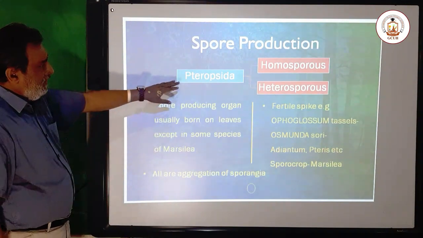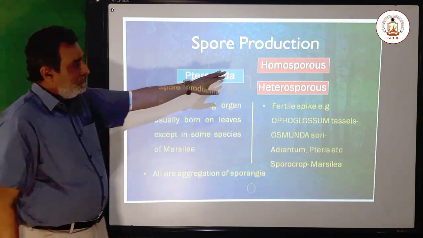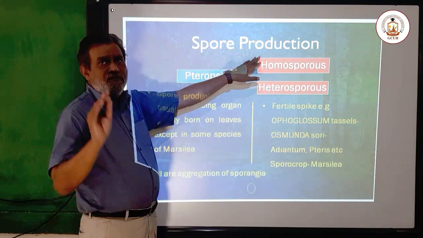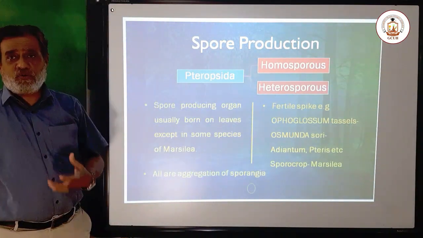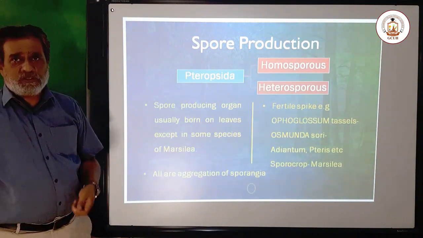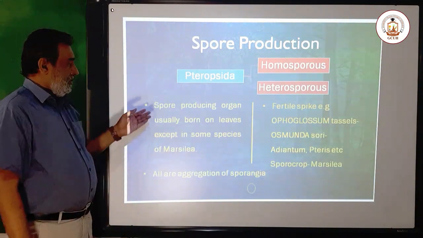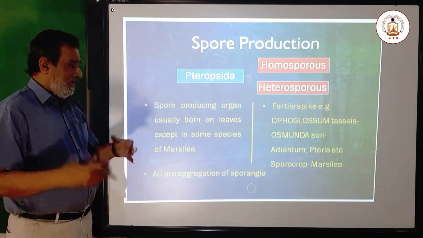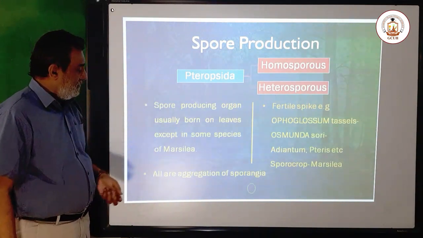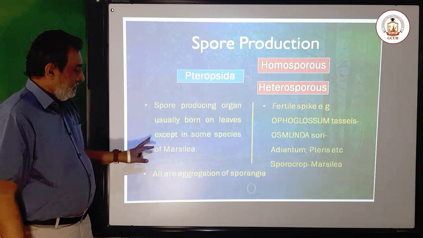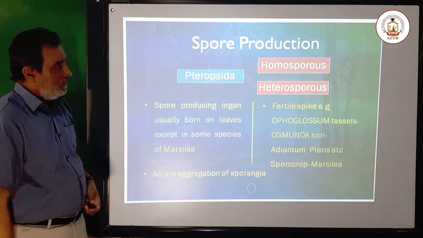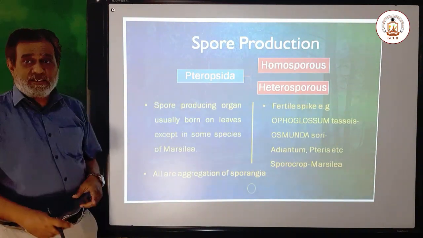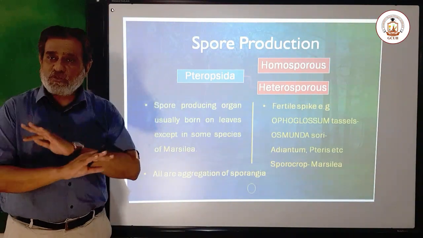The spore production in Pteropsida is generally homosporous. Very few species have heterosporous plants. The spore producing organs, we all know, are the sporangia, but in some of them they are sori or some other type of structure, and here the strobilus does not form.